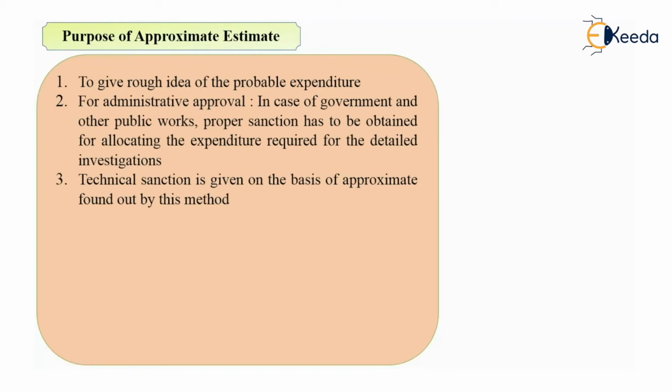You may have seen tender notices in the newspaper. It says the approximate cost of the structure or project will be this. That means they have given the technical sanction for that approximate cost, and contractors will quote their rates depending upon that.